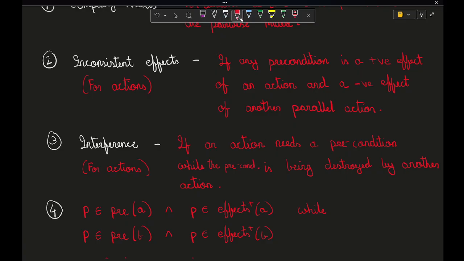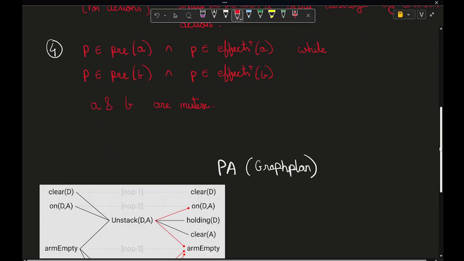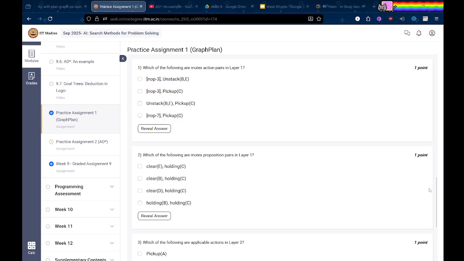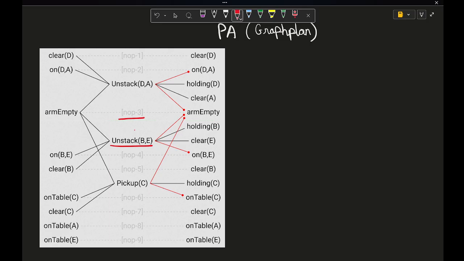And the fourth one is if a precondition is just being consumed by an action. Okay, so the first option is no op 3 and unstack VE. Are these two mutex?